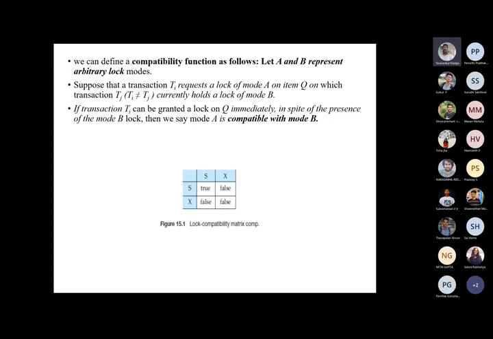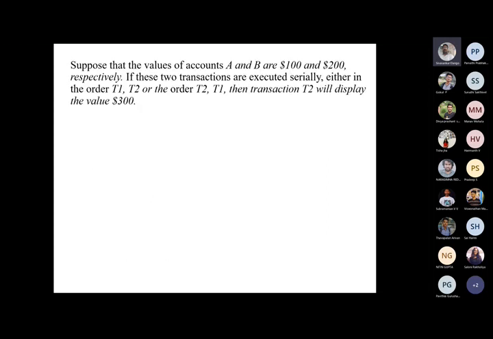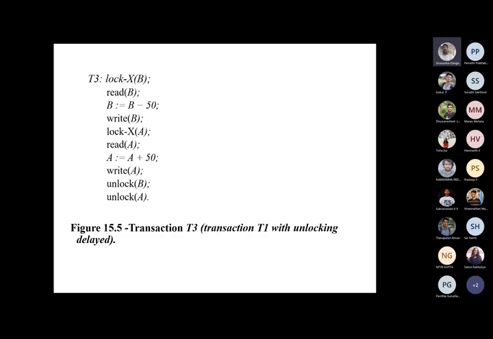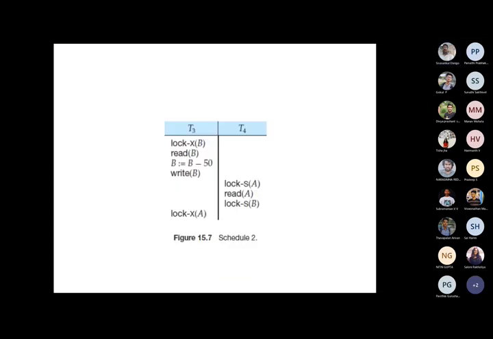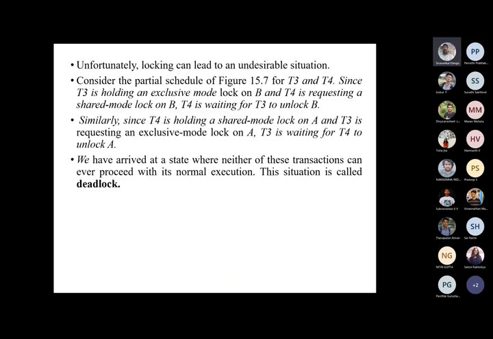And if both the transactions request an exclusive mode lock on a data item, again it's not granted, right? So what happens when you execute the transactions concurrently is that it results in a deadlock, right?